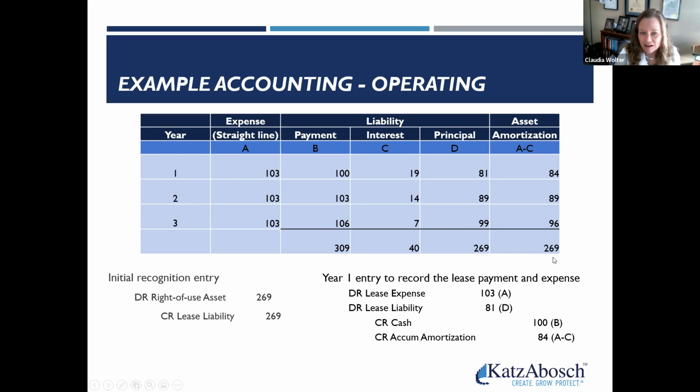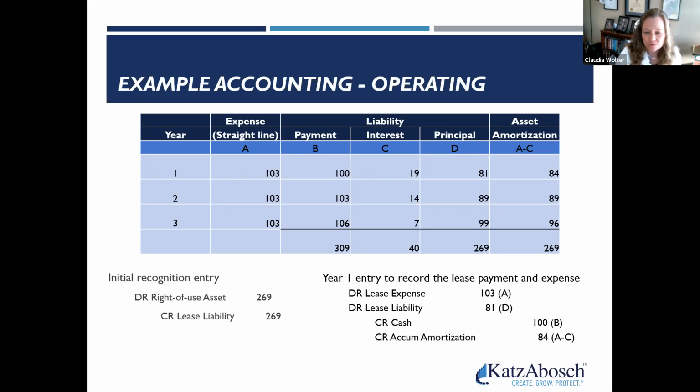That's actually a plug: it's the straight-line rent expense, column A, minus the interest expense that we calculated. That's 19. So we're amortizing that asset $84 in year 1, $89 in year 2, and $96 in year 3. We start slow and speed up the asset amortization as we get toward the end of the asset's life.